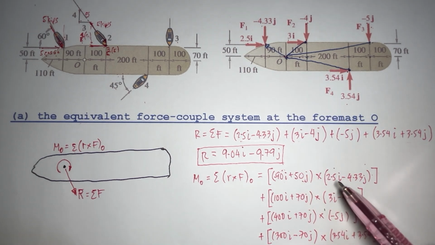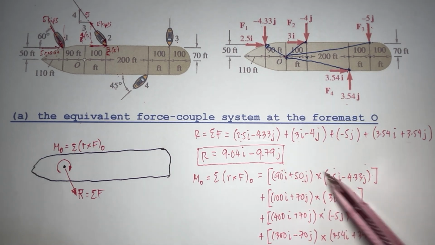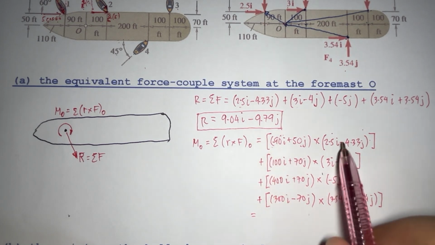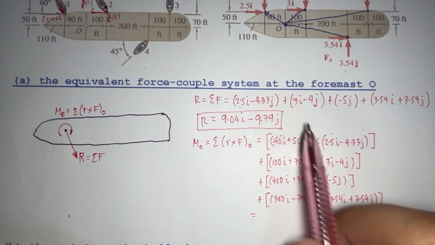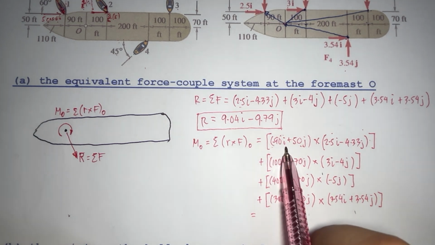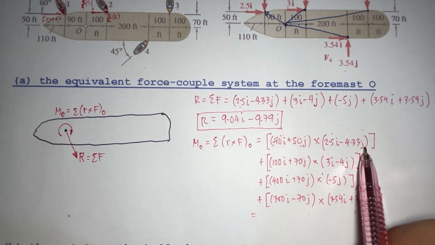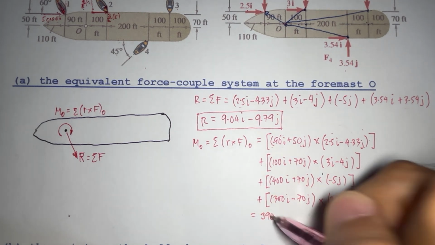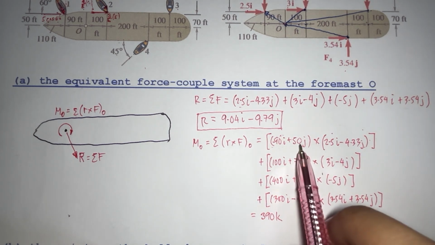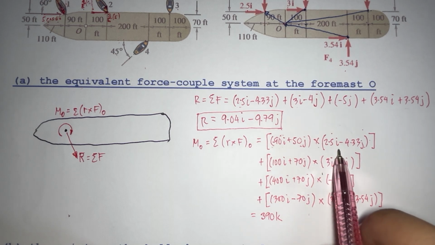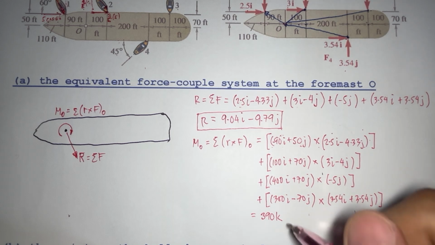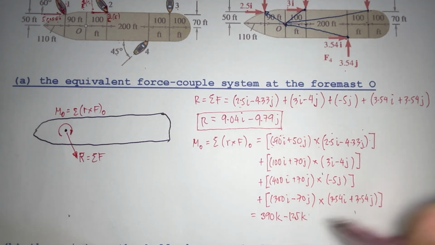So if we meticulously multiply every term here, we have negative 90 times 2.5I, that would be 0. Then negative 90I times negative 4.33J, we have 390K. And for 50J cross 2.5I, J cross I, that would be negative 50 times 2.5, negative 125K.